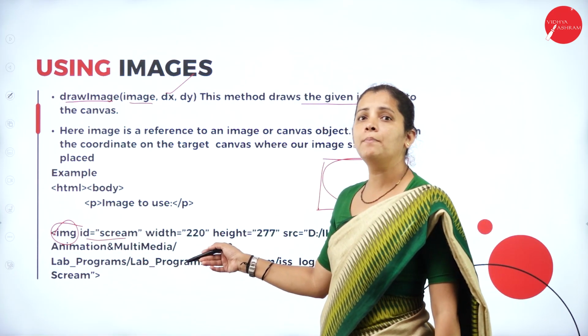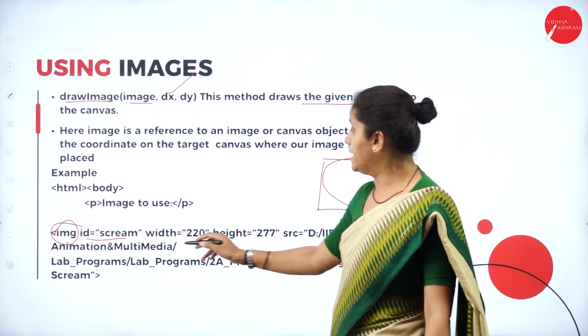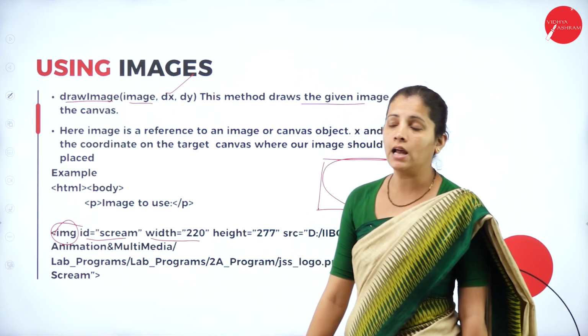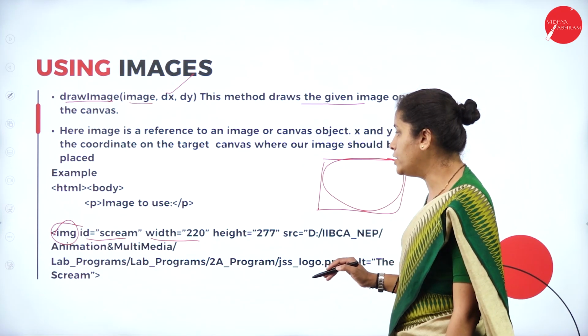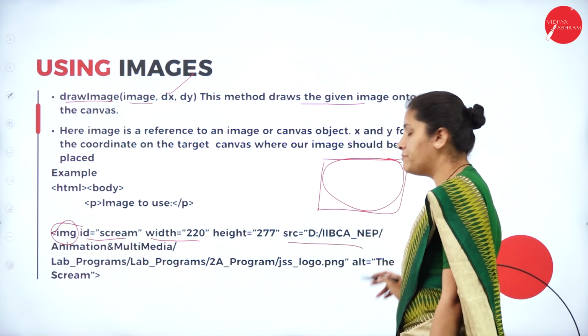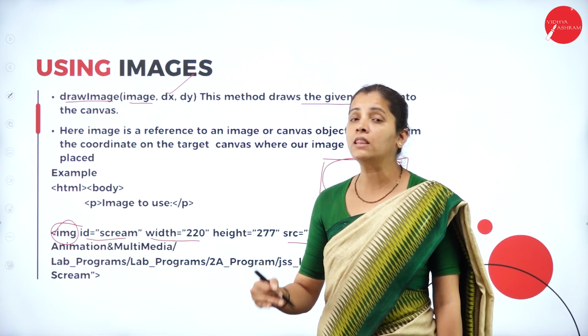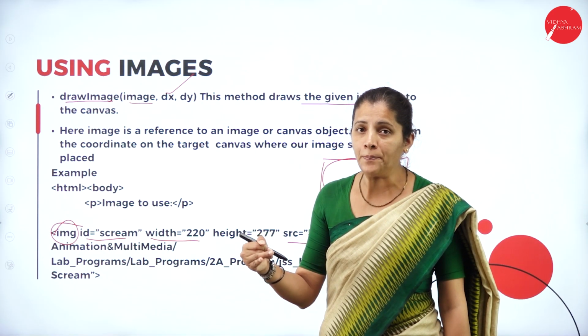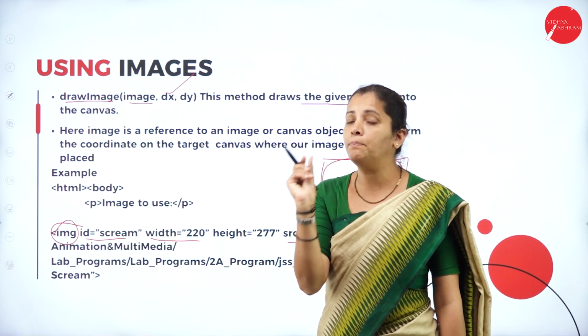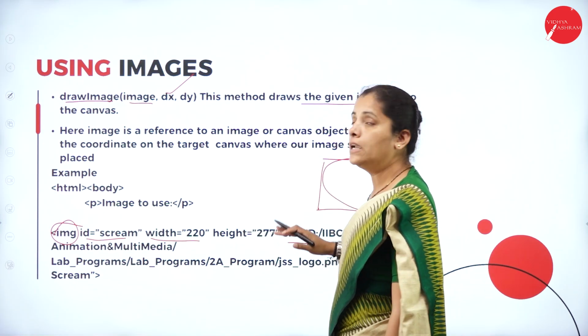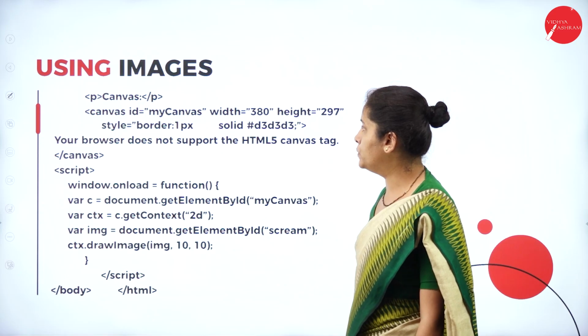At the same time, I'm going to write the width and height of the image. Then I'm going to specify the source. So what is source? Source is nothing but where the file is stored. So I want to write the complete path, which I'm writing in my source attribute.